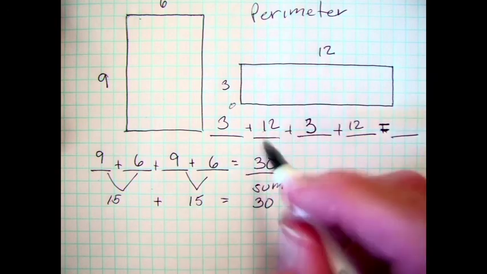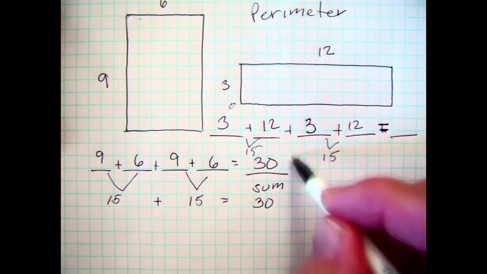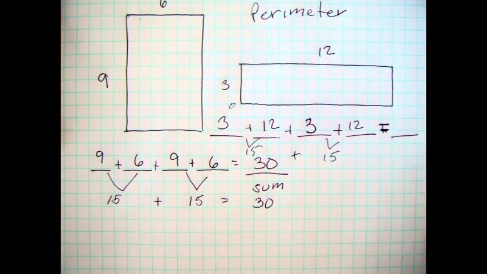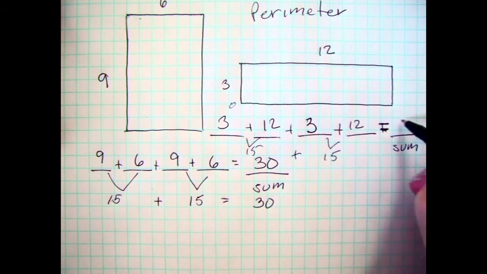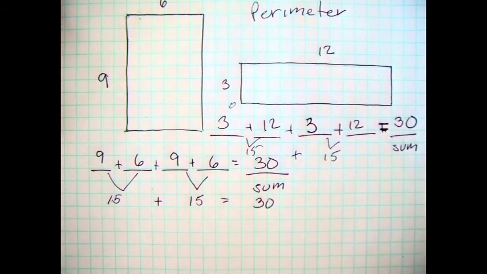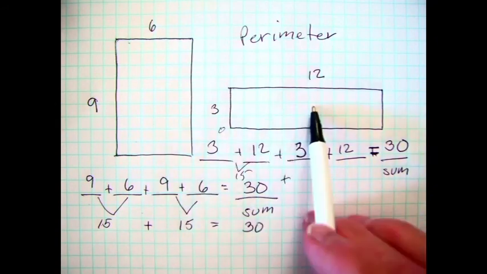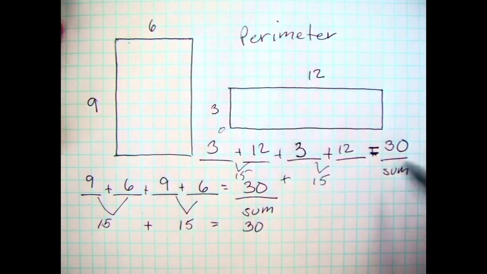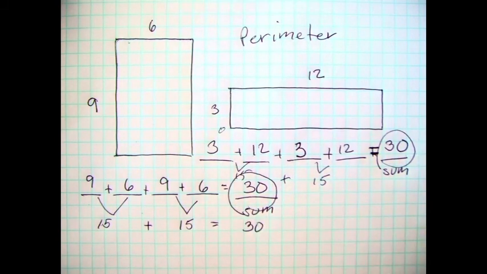This one I have my 3 and my 12. This one's going to equal 15 as well. And this one's going to equal 15. And my sum of these 4 numbers is going to equal 30 as well. So even though these 2 shapes are different, they have the same perimeter, 30.